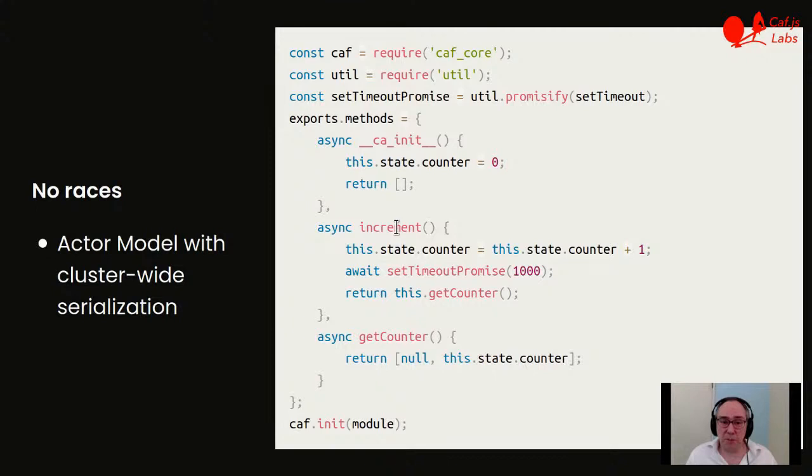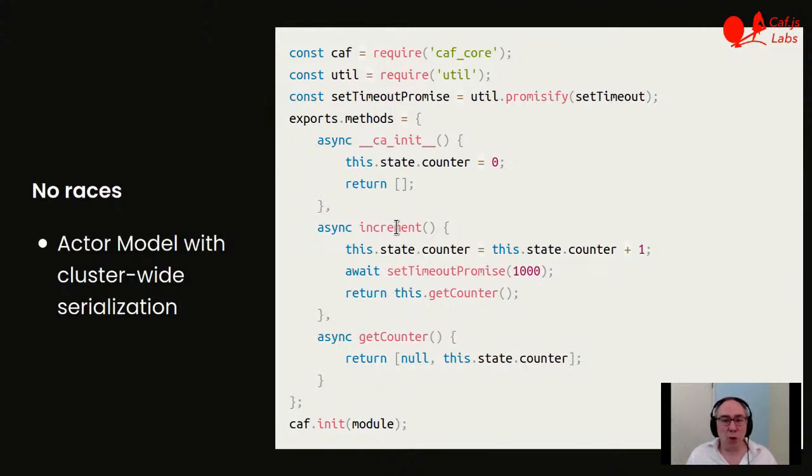So you can have thousands of Node.js processes running your application, but we always guarantee that there's at most one instance of your cloud assistant running anywhere in the data center. And that instance is also going to serialize your requests. So what that means is that there are no more races.